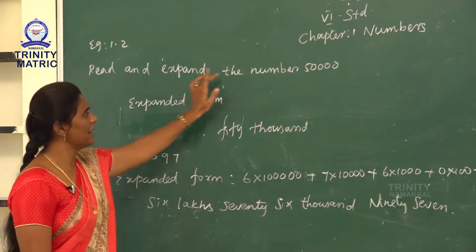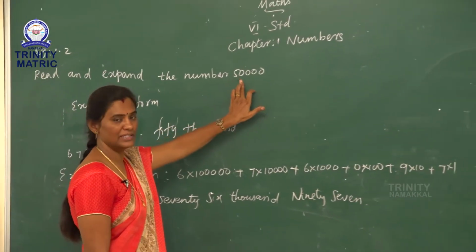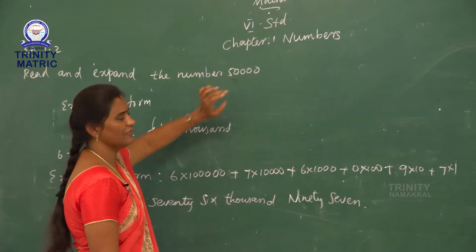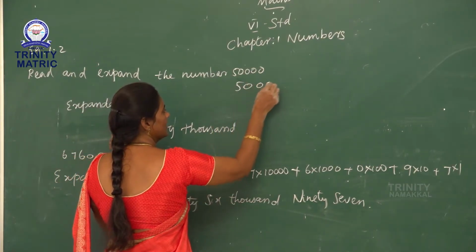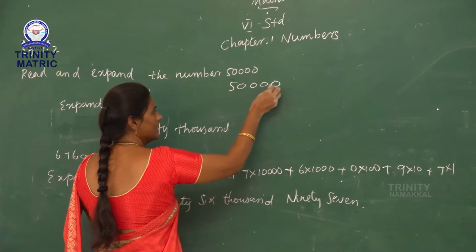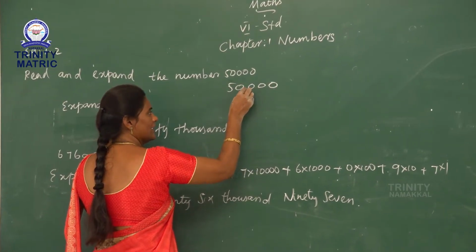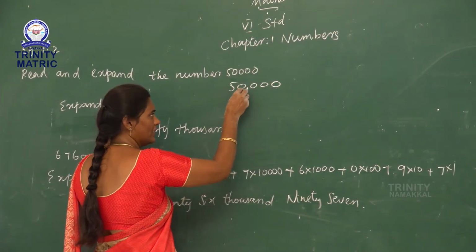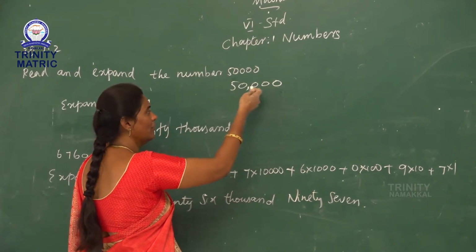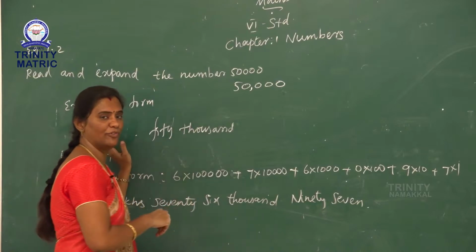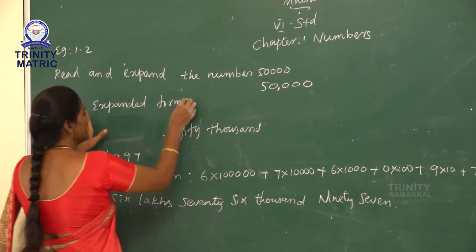Next, the example sum. Read and expand the numbers. Here the number is given. What is this number? 50,000. See here, this number you write: ones, tens, hundreds. Then you put a comma here: 1,000, 10,000. The number is 50,000. Now we write it in expanded form. What is the expanded form?